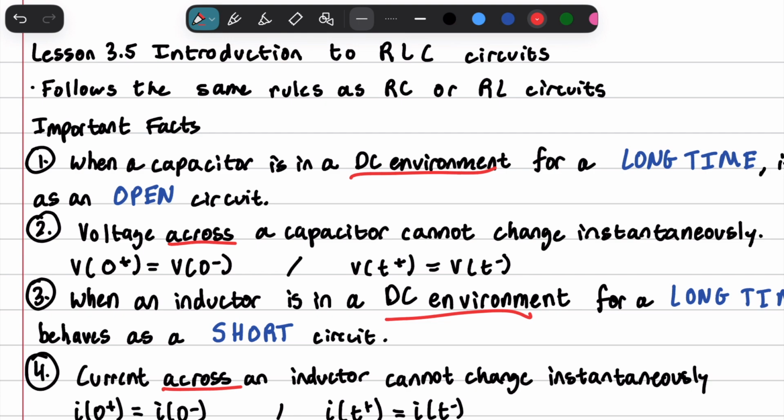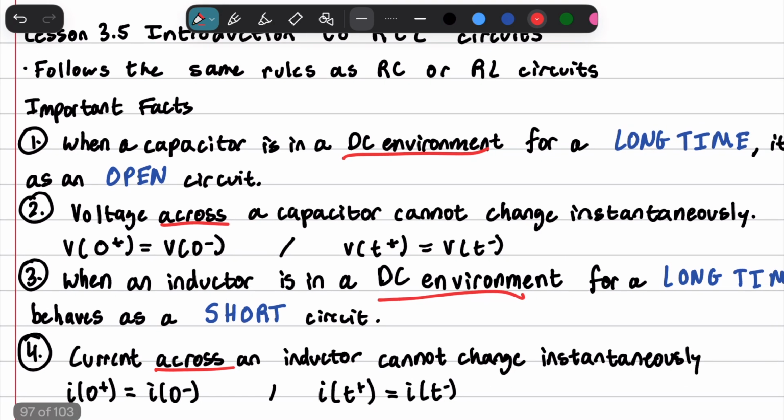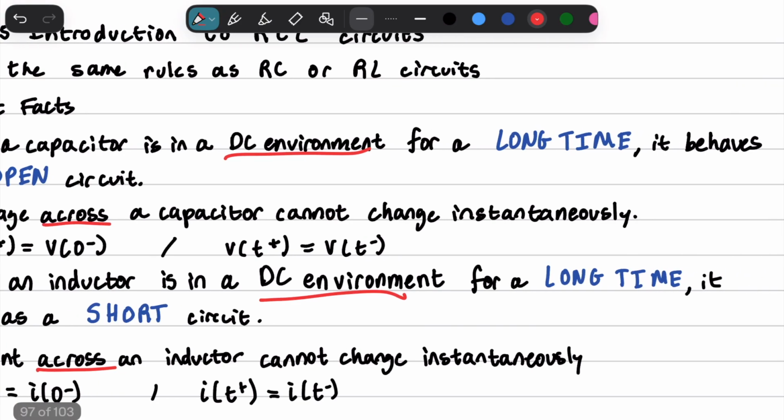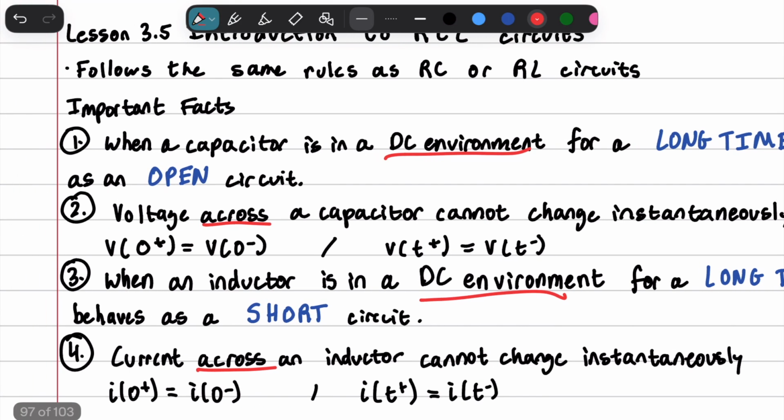So it's an infinite resistance. And for an inductor in a DC environment for a long time, it acts as a short circuit because at that point the inductor just stops fighting. Okay, that's basic E&M stuff, and we've used these rules a lot in RC and RL circuits.